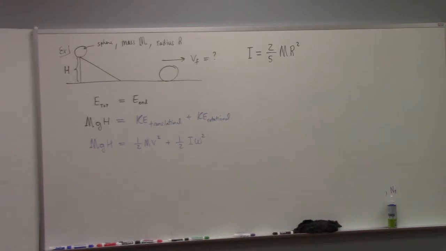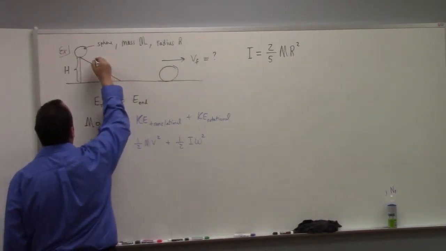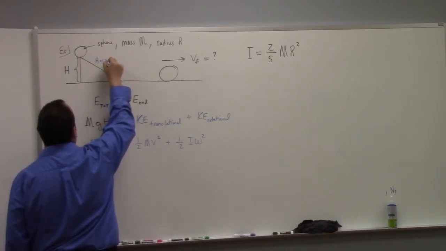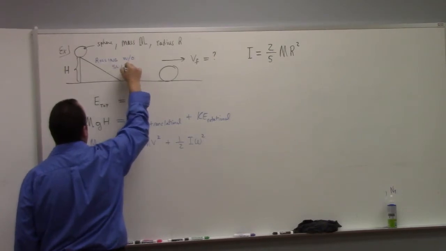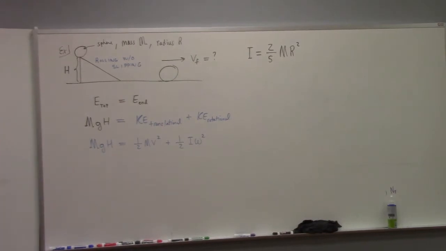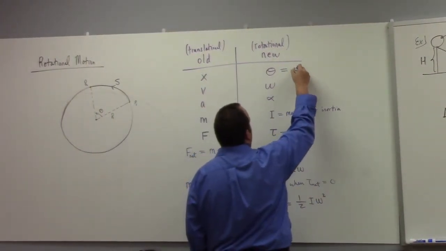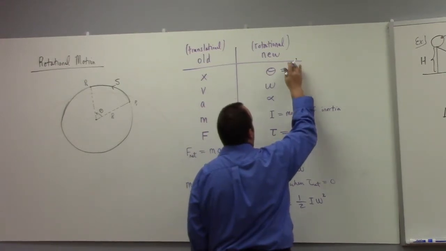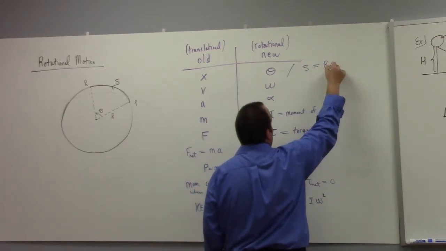Now I said this in words, I haven't written it yet, but rolling without slipping. What does that say about the connection between v and omega? There's a couple things I haven't written here. One of those things would be that S is equal to R theta, right?